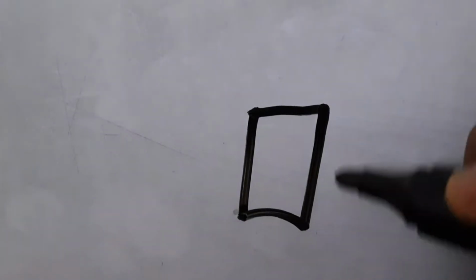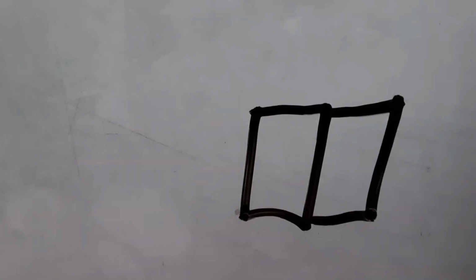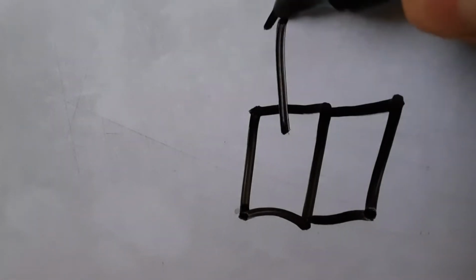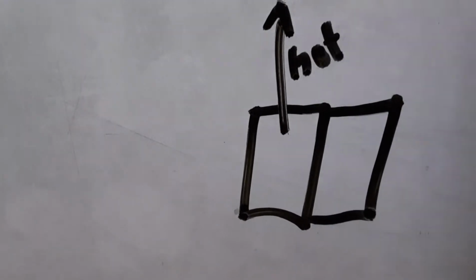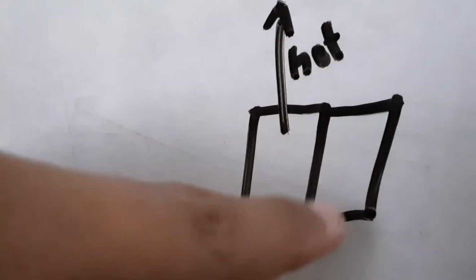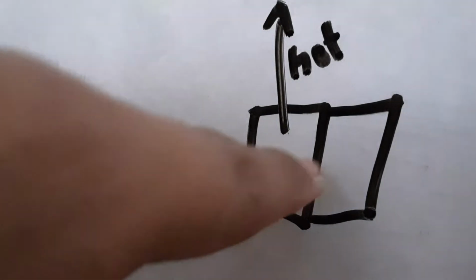Let's start. To understand heat, let's start with an example. Suppose you have one object, and you have another object in contact with it. Both are solids, and they are connected. One solid is hot, which means the temperature of this is higher. What do you mean by temperature?